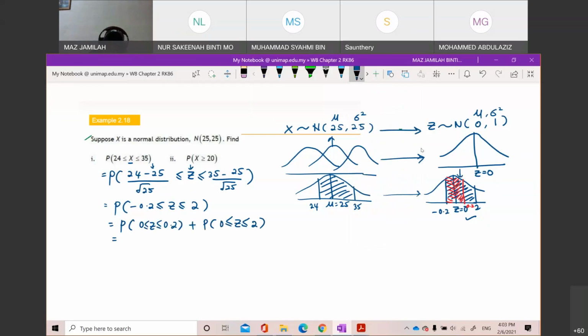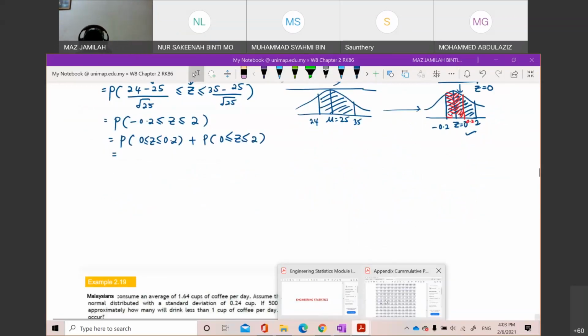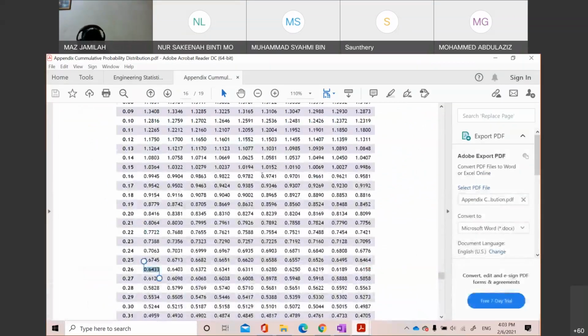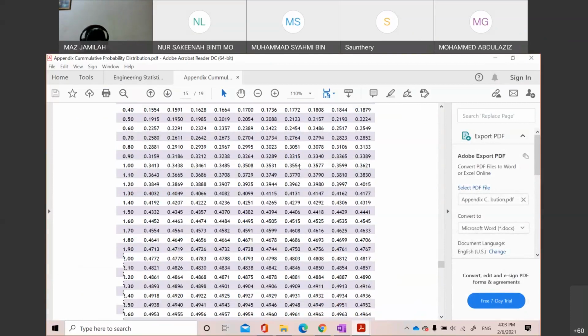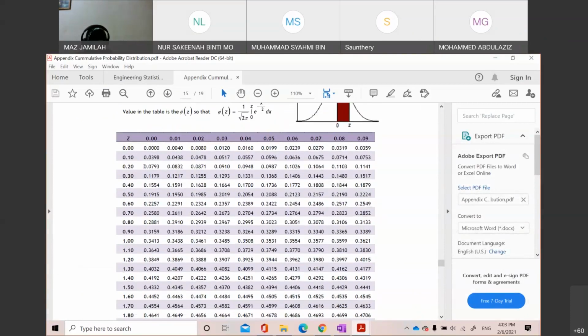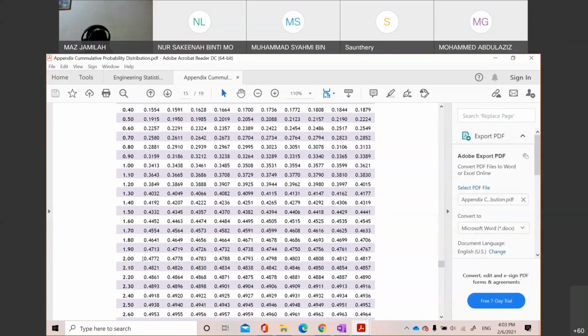If you look at your table, from 0.2, look at the first table, you will have 0.0793, and for 2, you will have 0.4772.